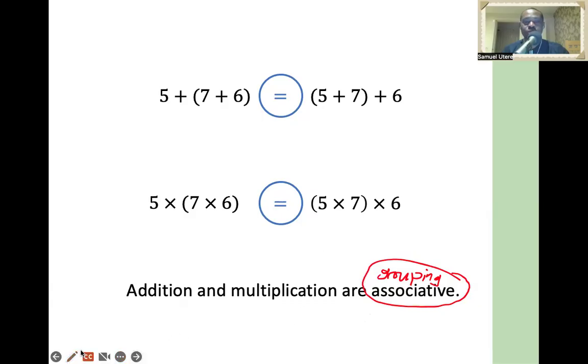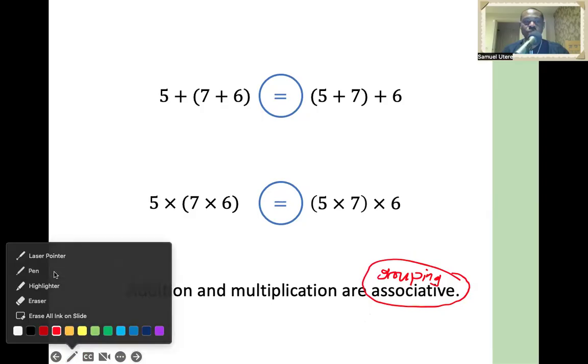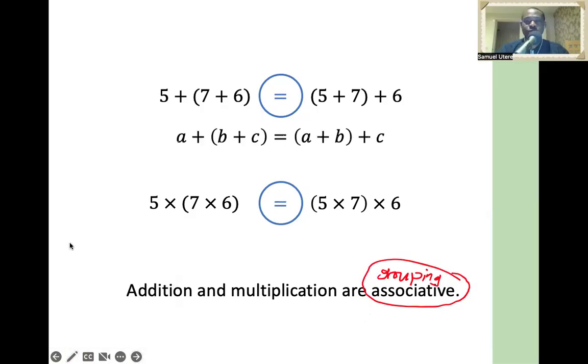Okay, let's move on. But we can generalize this for anything. It could be decimals, it could be fractions, but we'll get the same property. Remember we're talking about properties of addition, multiplication and division.